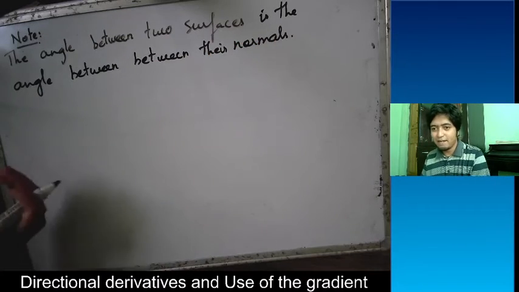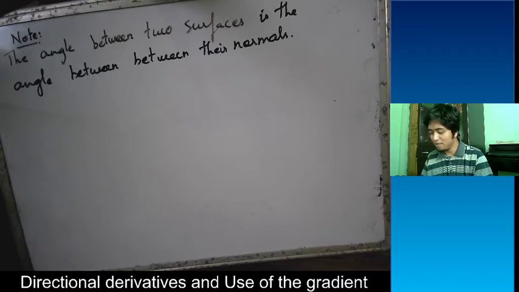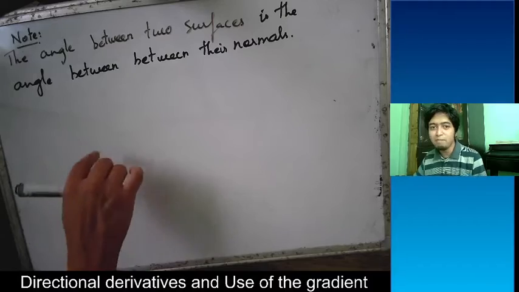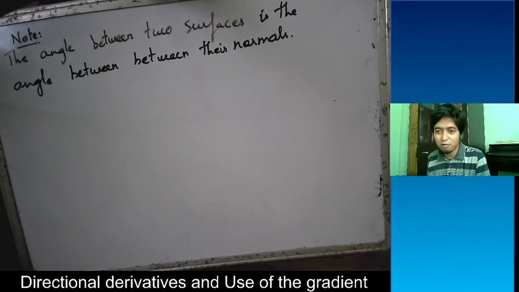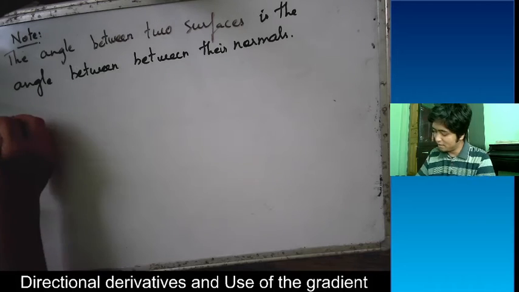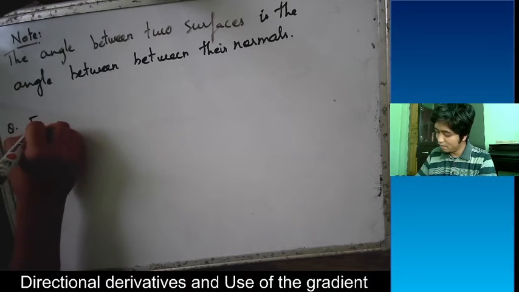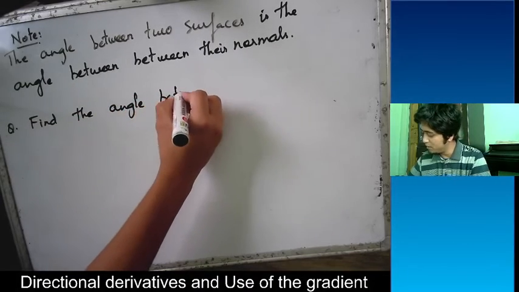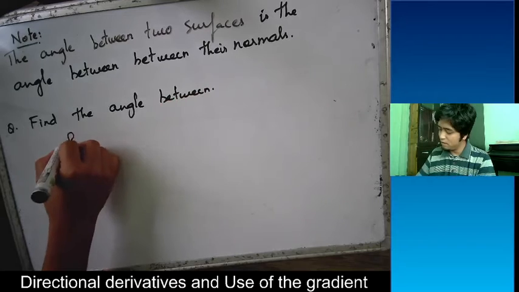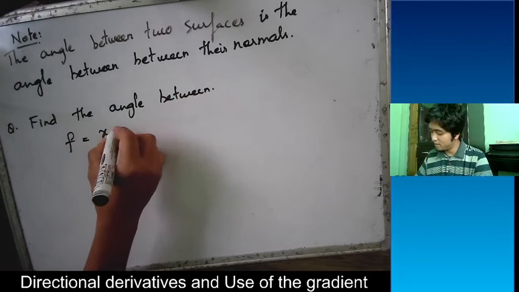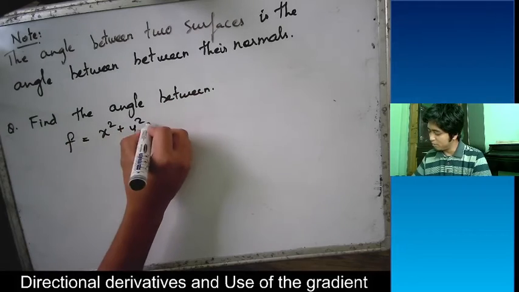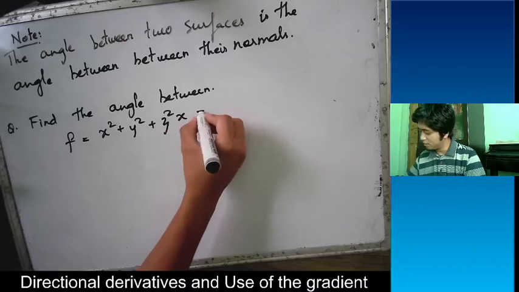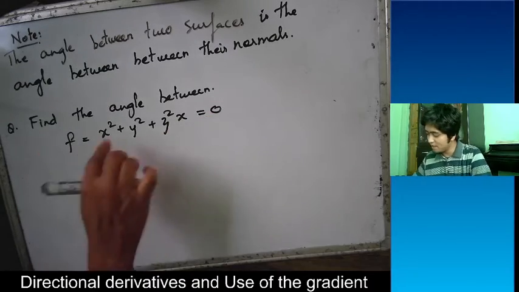Okay, so if you want to find an angle between two surfaces, just imagine you have one surface and it intersects another surface. If you want to find the angle between them, you just have to find the angle between their normals. Okay, so let us try an exercise. Find the angle between f1 equal x squared plus y squared plus z squared x equal 0. So if it is a surface, you just set it equal to 0.